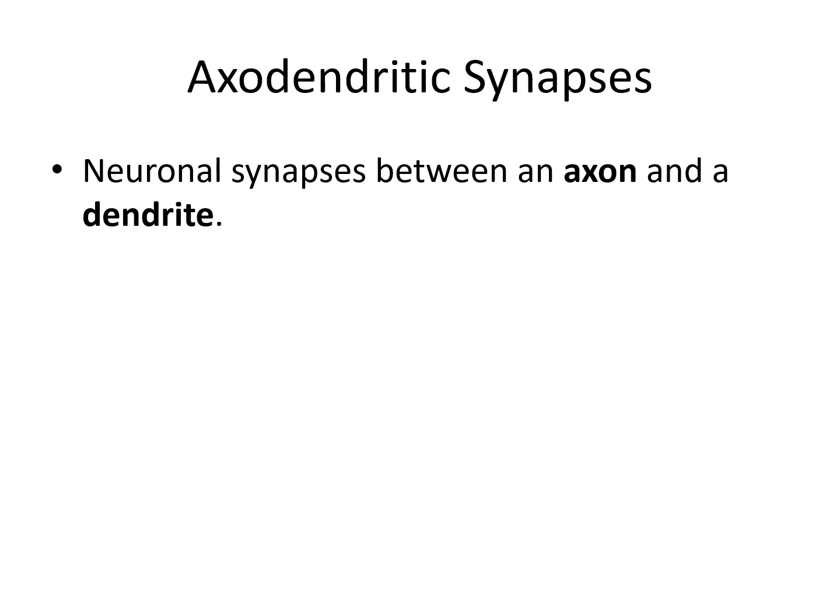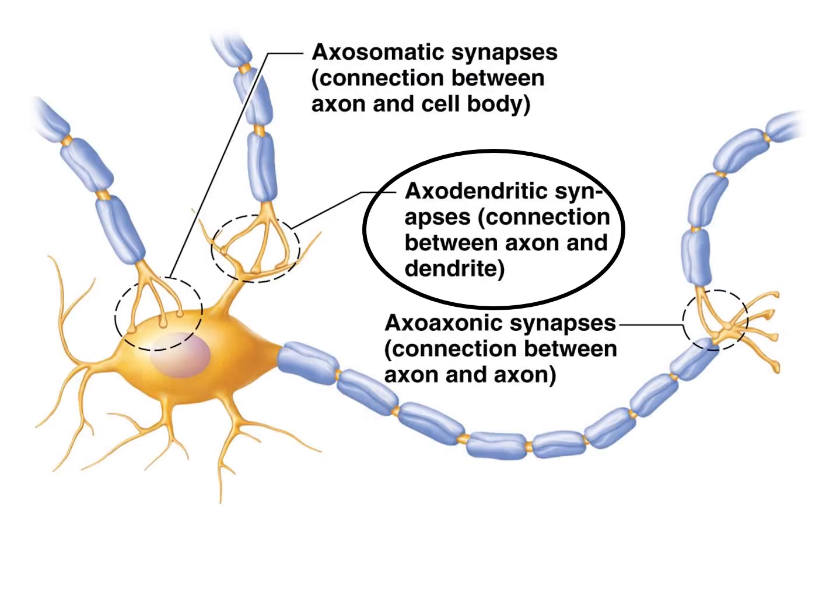So let's go through these anyway to make sure everyone is up to speed. Axodendritic synapses are neuronal synapses between an axon and a dendrite. Here I circled the axodendritic synapses, a connection between an axon and a dendrite.